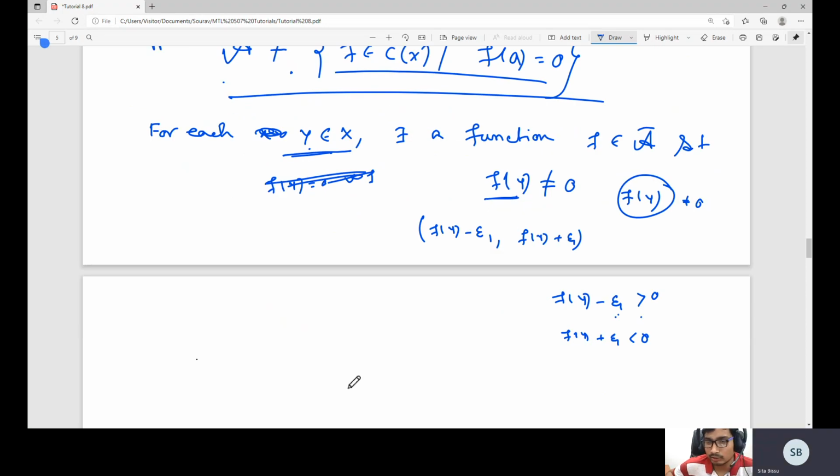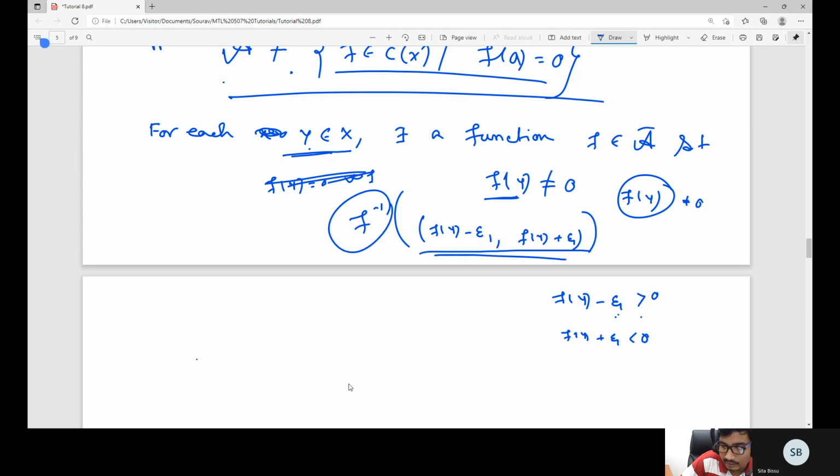Yes, sir. We can always choose, right? So now, what if we take this inverse? If we take f inverse of this one, does f assume the value 0 over this interval?